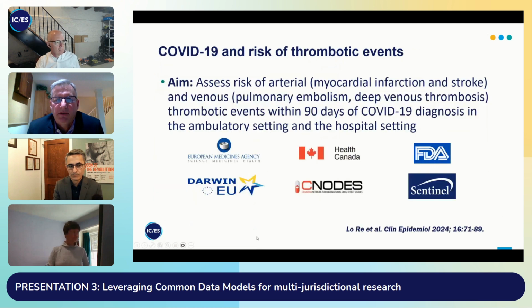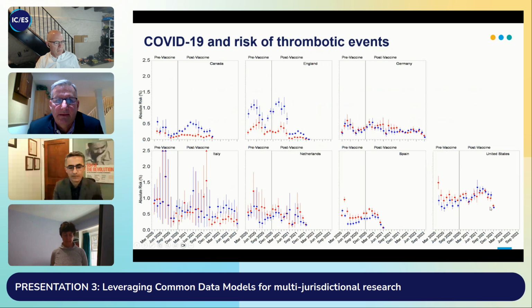Just to give you a sample of the results of the last study, again, this study looked to assess the risk of arterial and venous thrombosis within 90 days of infection, both in the ambulatory setting and hospital setting. In Canada and the US, we used the Sentinel Common Data Model. And in Europe, we used the OMOP Common Data Model that Mahmoud will be talking about in a minute. Next slide, please.